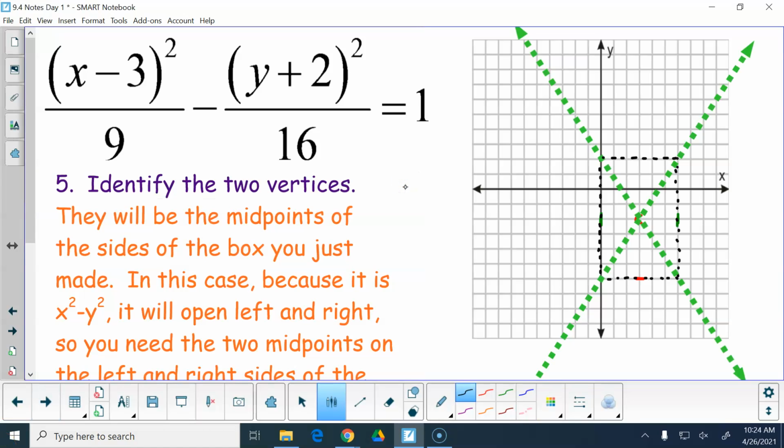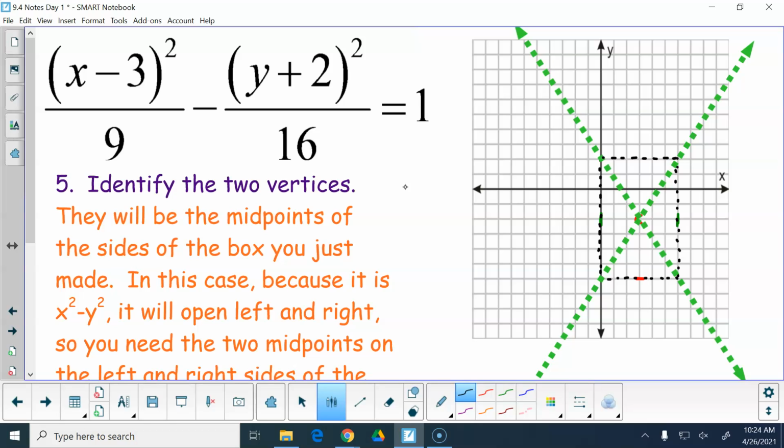All right. Next, we're going to identify the two vertices of this. They will be the midpoints of the sides of the box we just made. They will also be on the sides of the box of the direction of your hyperbola.